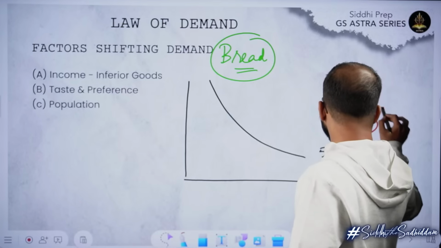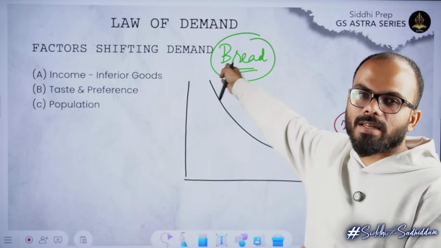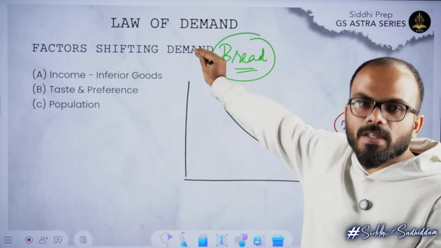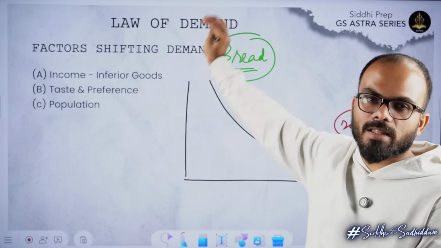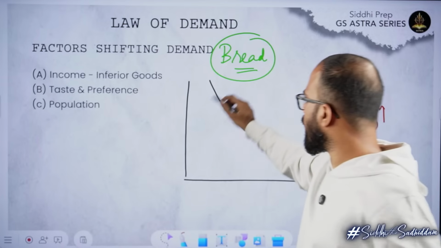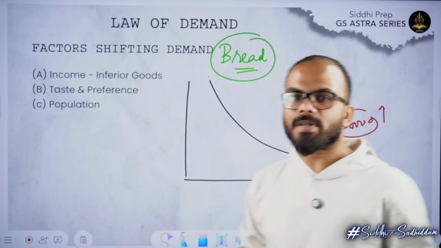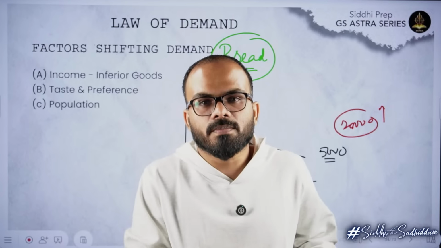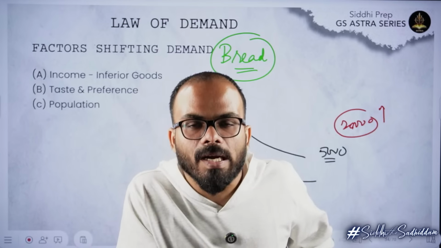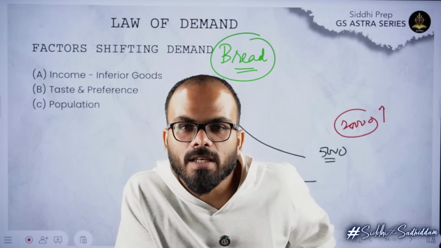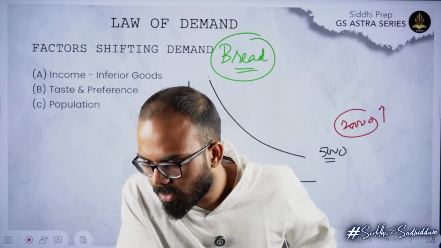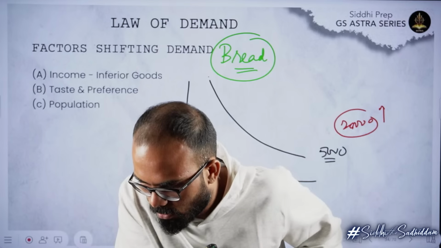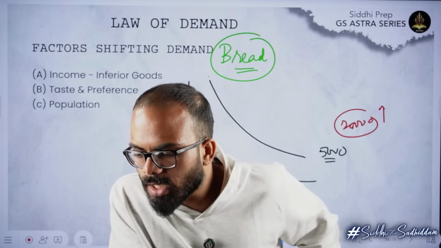When income increased, will the demand for that kind of inferior quality bread with maida and sugar be higher, or do you think people will start shifting to an option such as whole atta multi-grain bread? Do you agree with me on this?